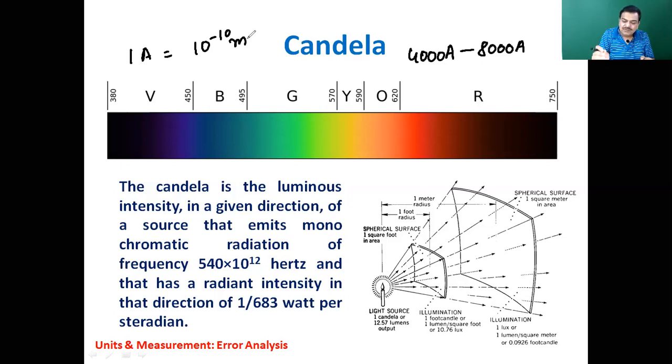So it is 4000 angstroms. Just imagine the size of the wavelength which we see with the help of our eyes. Above and below this wavelength, our eyes are not receptive. They receive the light, but they do not sense the light which is above and below this wavelength.